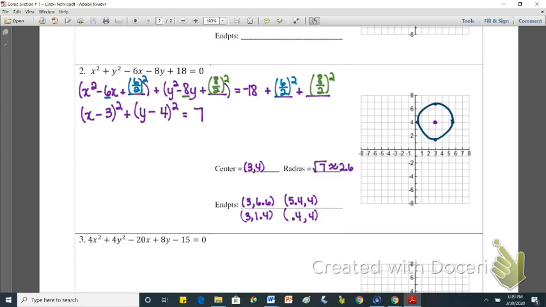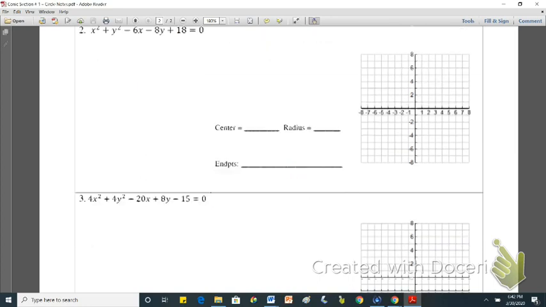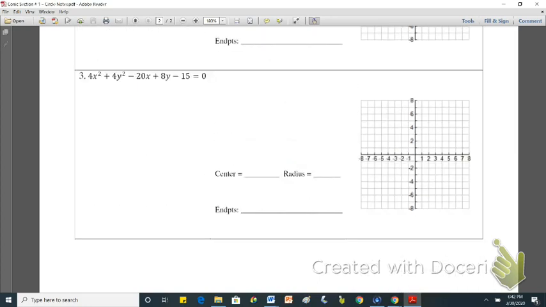So up until now, we haven't had to deal with a coefficient. So let's look at example 3. It has a coefficient we're going to have to deal with, and that's okay. So what you will notice is that in a circle, your coefficients for x squared and y squared should be identical.